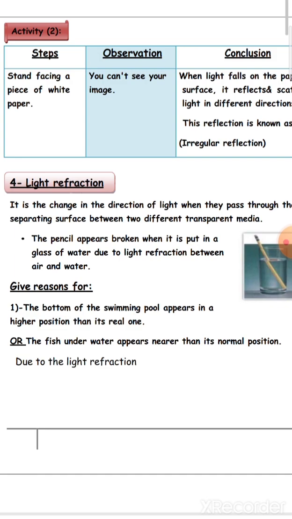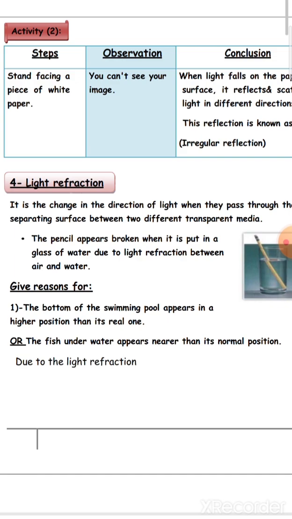So again, what is the light refraction? It is a change in the light direction when it passes between two different transparent media due to the change in the light speed, as the light will move in the air faster than the water. If I ask you to give a reason why the pencil appears broken if it's put in a cup of water, we're going to say because of the light refraction.